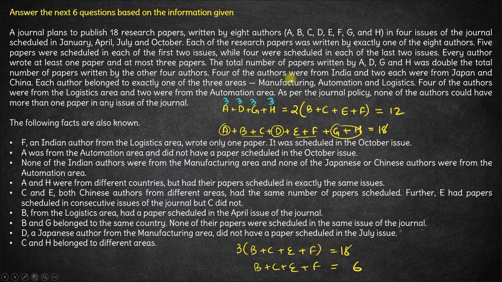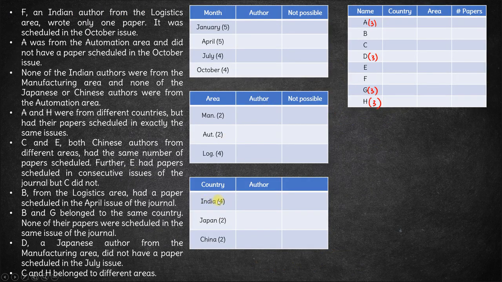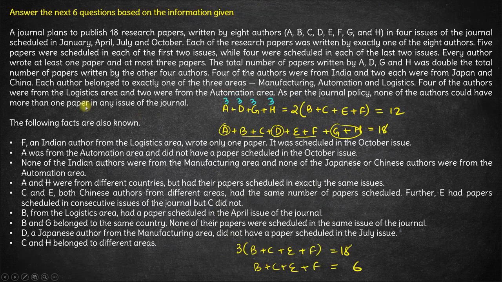Next, we have 4 of the authors from India and 2 each from Japan and China. So there are 4 from India and 2 each from Japan and China. Total we have 8 authors.